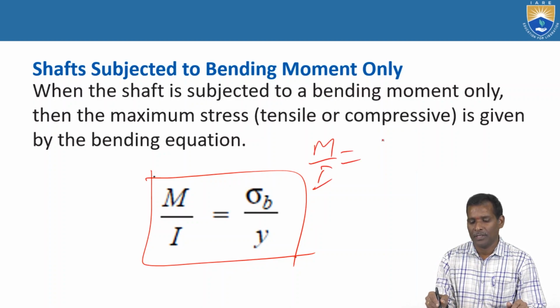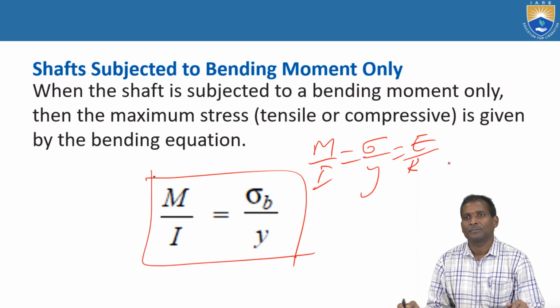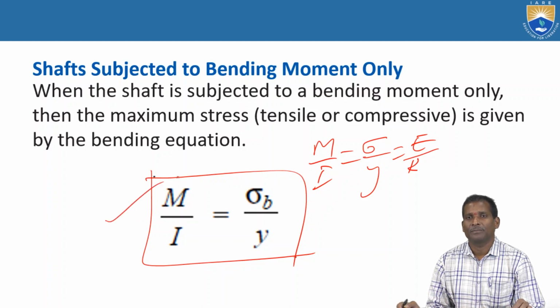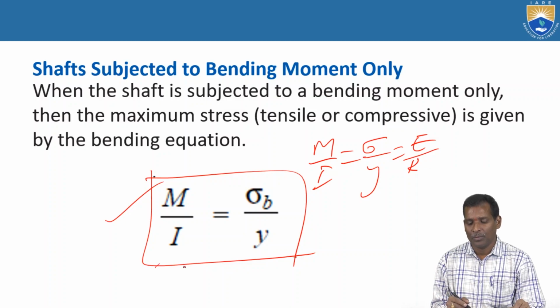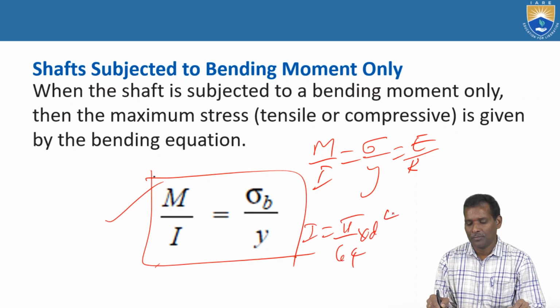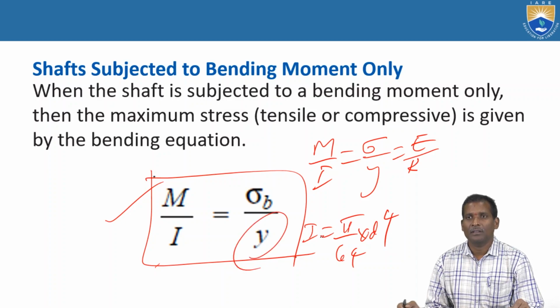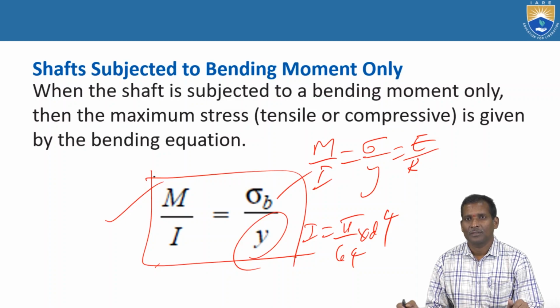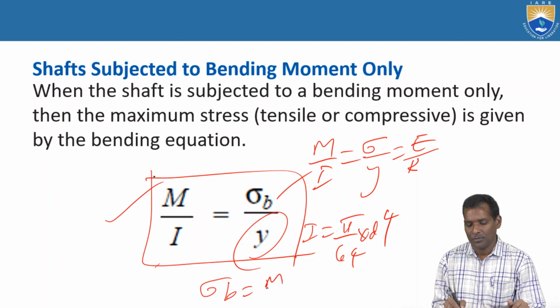The full equation is M by I is equal to sigma b by y is equal to E by R. Here M is bending moment, I is moment of inertia, pi by 64 into d to the power of 4. Y is the distance of the topmost fiber from its neutral axis. Sigma b is the bending stress. So you can write the bending stress is equal to M by I into y.